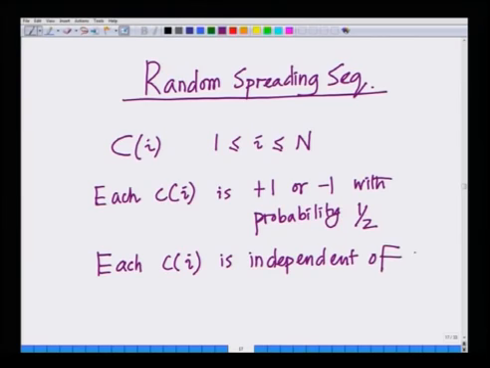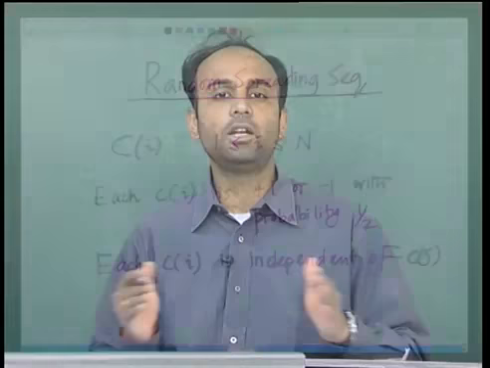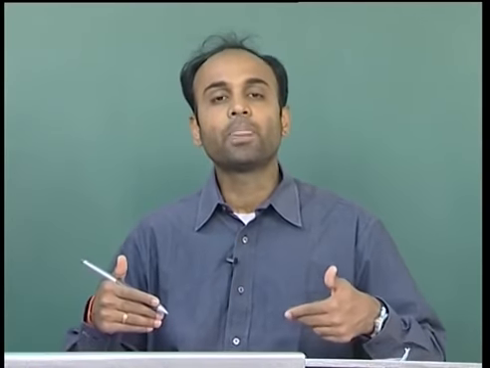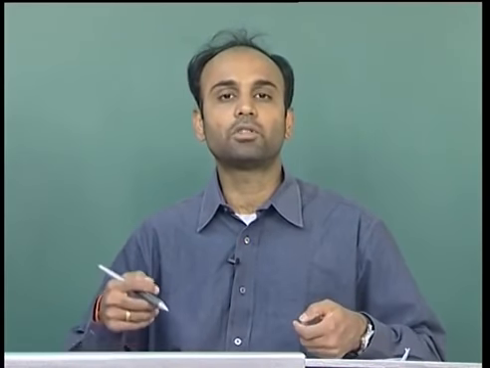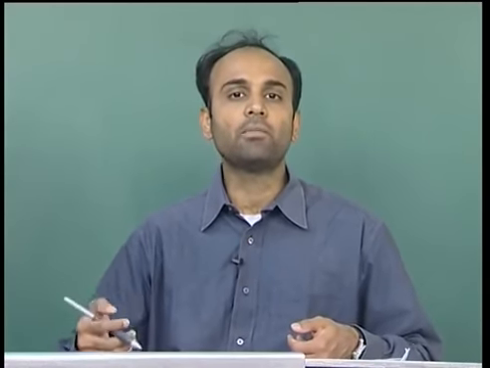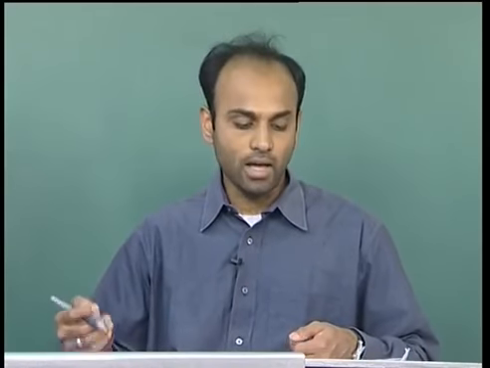That is, if I look at two different chips, C1 and C2 or C3 or C100, these chips are independent. The random events that generate these two chips are independent. It is like I am tossing a coin every time I want to generate a chip.